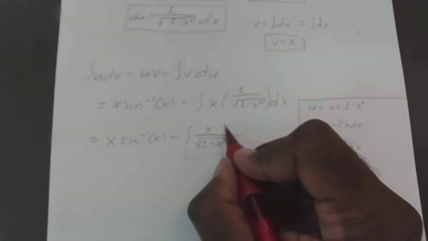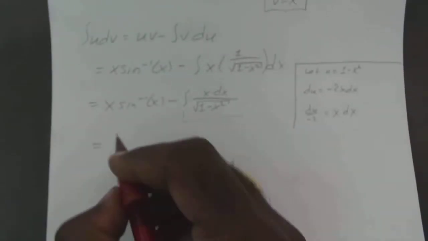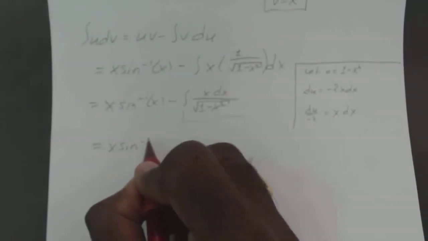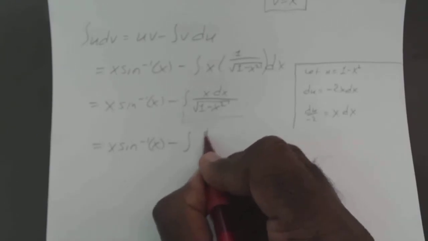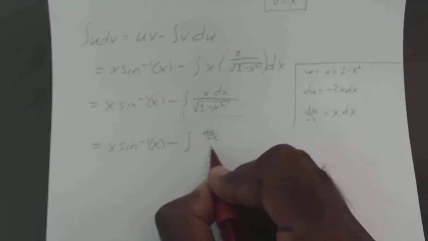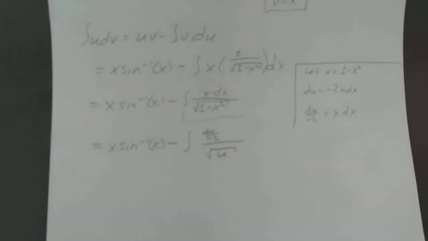So we might as well put the dx up top, make it all look nice and neat. Then that's going to equal x sine inverse of x minus the integral of du over negative 2 times square root of u.